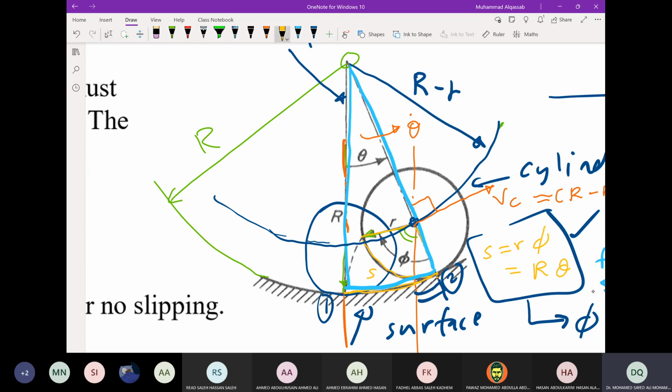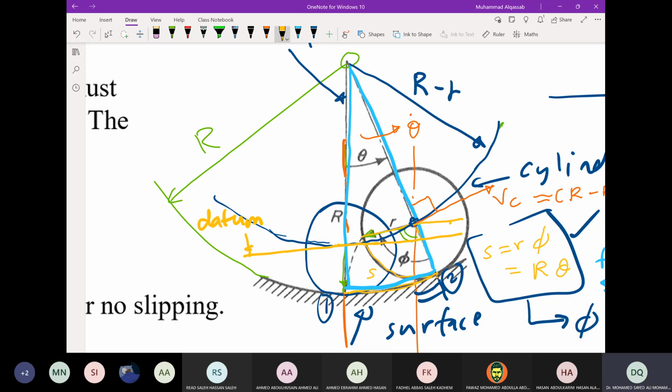If you take the datum at the equilibrium position, which is the horizontal line that goes through the center of gravity, then the potential energy here is 0.